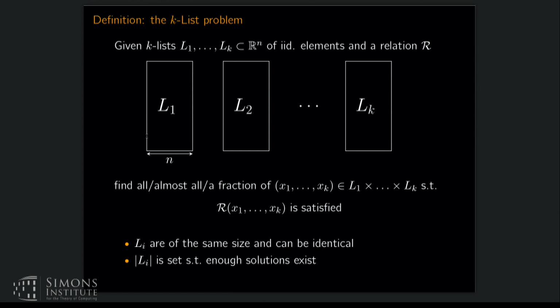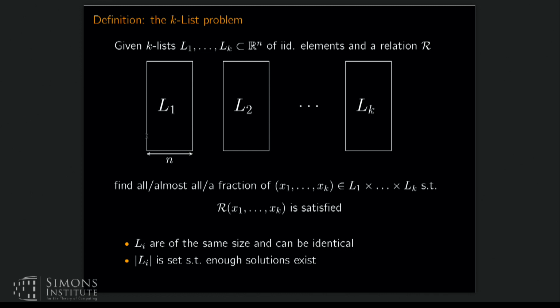You can ask whether you want to find all solutions, almost all solutions, or a small fraction of the solutions. One example of a relation would be to take the sum x1 up to xk, which should satisfy some bound, for instance.